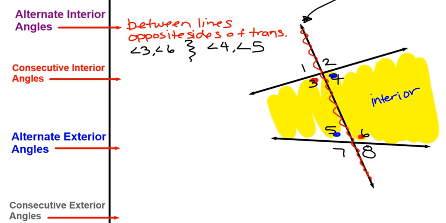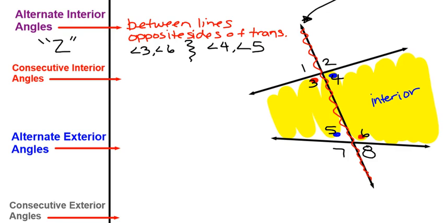One thing that I want you to notice about those interior angles is that they kind of make a Z, or if I look at the other ones, the 4 and the 5, do you see how they make like a Z shape there? That's going to be something that's going to help you remember these angles. Over here, we're just going to put a letter Z. All right, let me get rid of some of this markings here. Let me put my little Z back there.